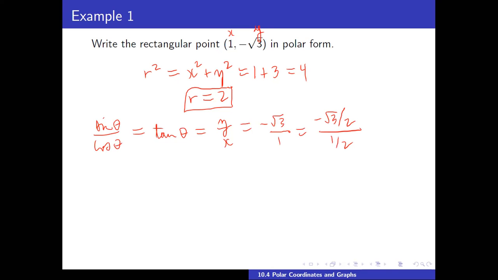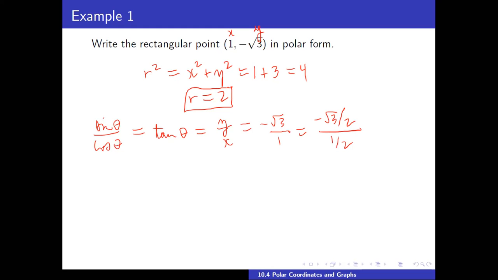What angle is that? What do you guys think? When is the sine function equal to the square root of 3 over 2 and cosine equal to 1/2? What angle is that? Isn't it 60 degrees? Pi over 3?